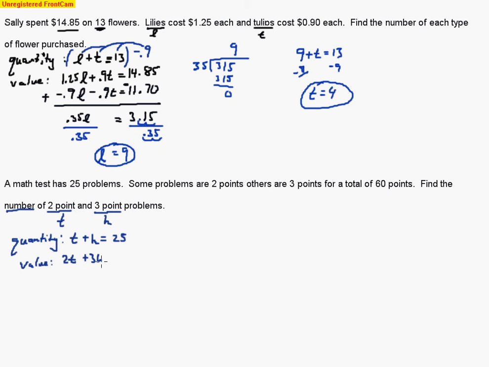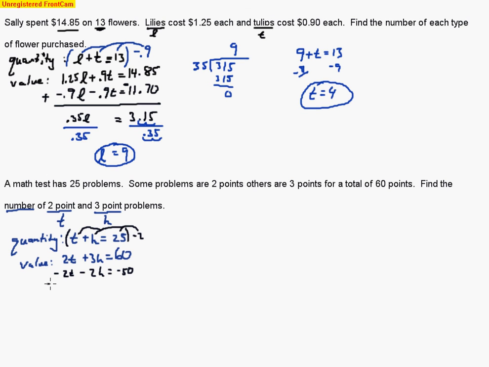So 3h equals the value of all those problems together, which makes 60. And from this point, I need to use elimination to solve, and the way we'll do that is multiply that top equation by -2. So every number up there gets multiplied by -2, leaving me with -2t minus 2h, and this all equals -50. So I just did -2 times each of those numbers.